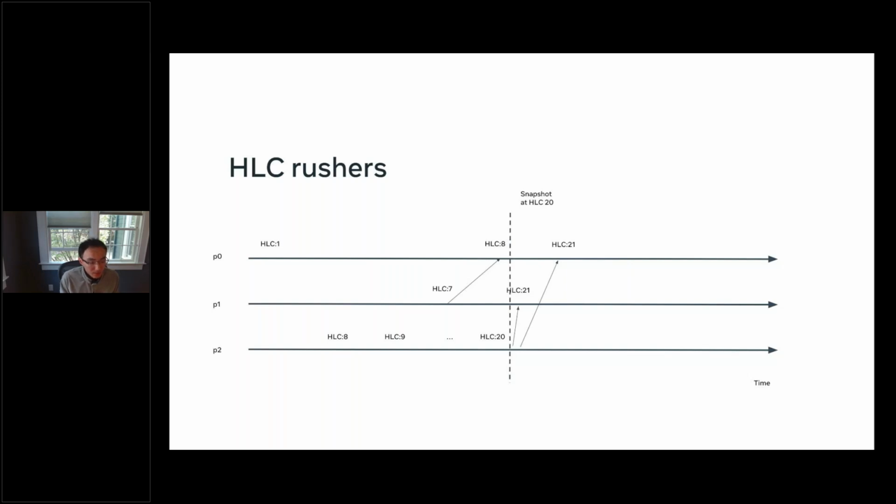But if the HLC is backed by PTP, which has a much tighter bound and a guarantee on the clock drift and skew, then it becomes much easier for the HLC minting library to reject rushers, so that we can make sure this never happens, or if it happens, the HLC rushers only rush ahead a marginal amount of physical time, which dramatically reduces the operational risk of the system.